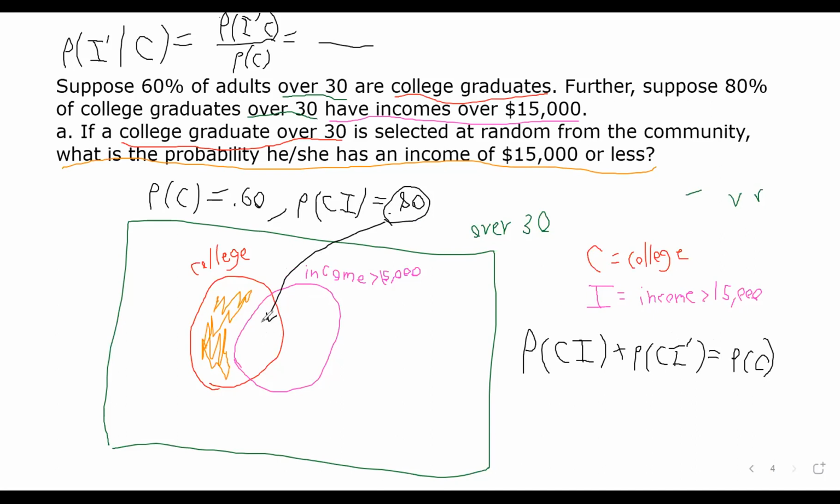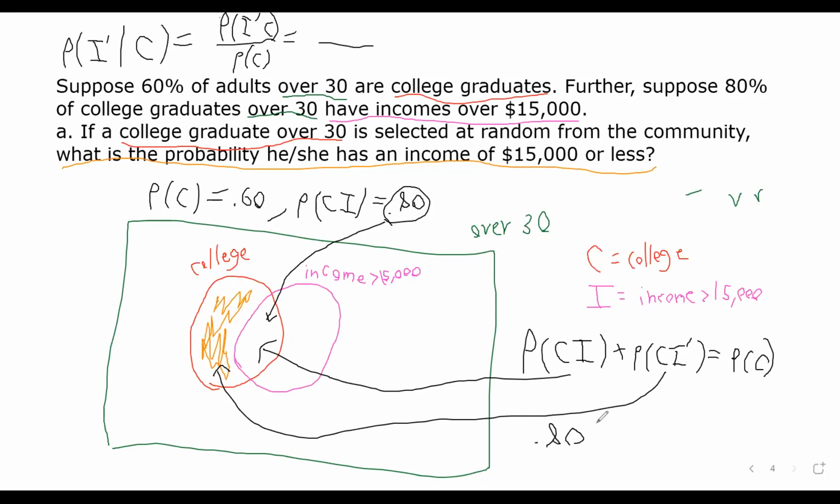The probability you're in the intersection of C and I, plus the probability you're in C and not in I, that's this region, is equal to the probability of the red circle, P of C. So P of CI plus P of CI prime is equal to P of C.